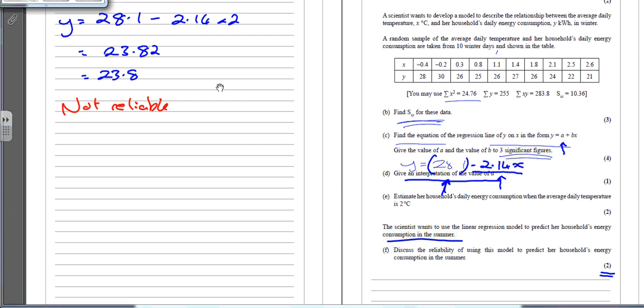Now, why is it not going to be reliable? In the summer, the average daily temperature is going to be a lot higher.